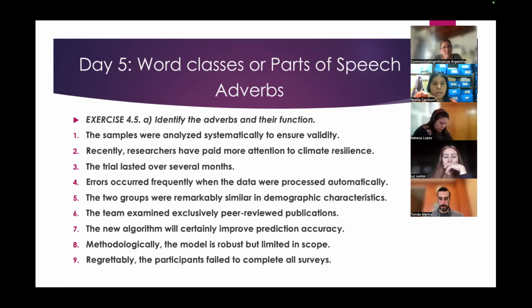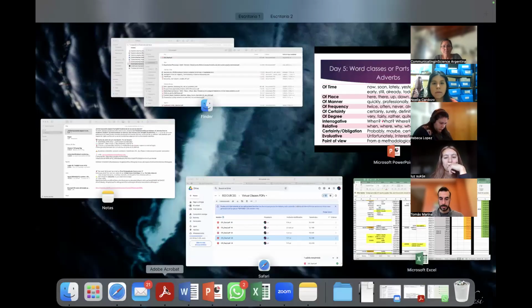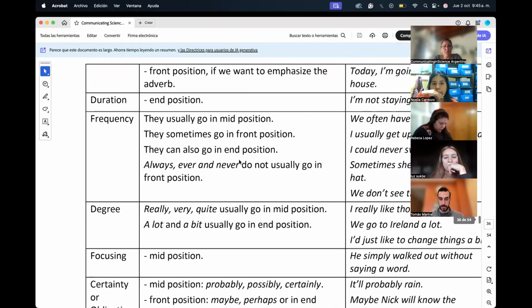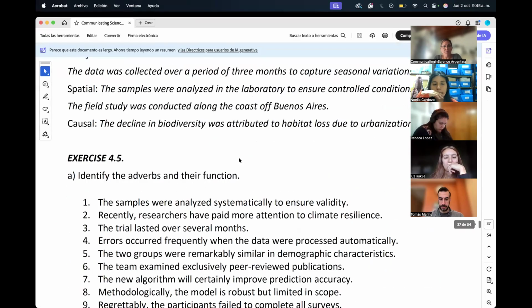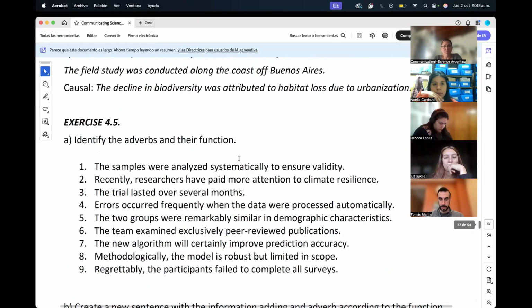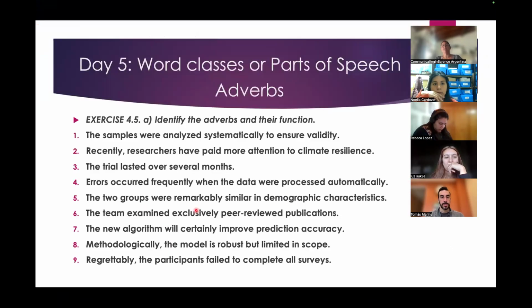So we have exercise 4.2, in which we have to identify the adverbs and what they are doing. We can do this like we did the other exercises, as a group.